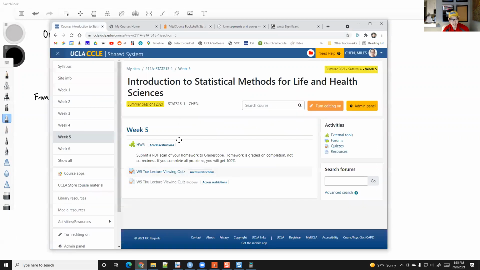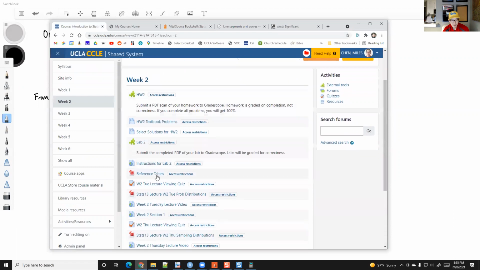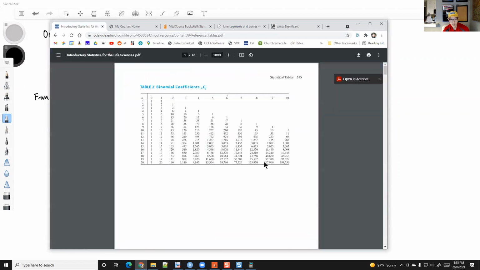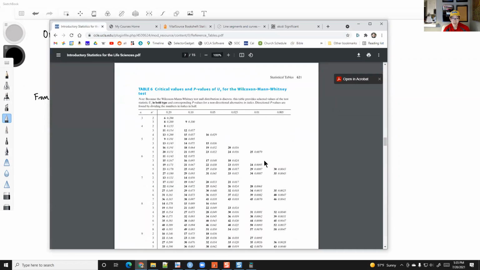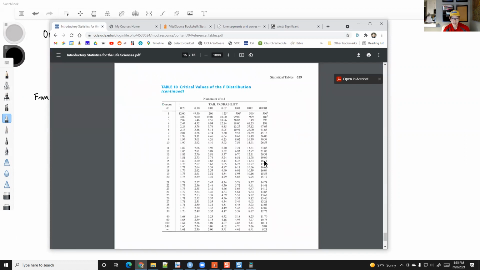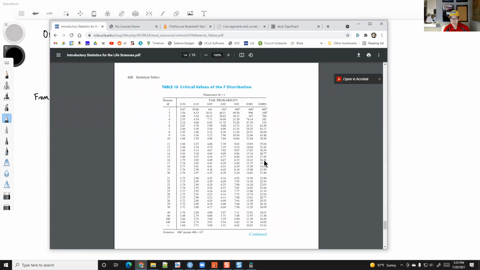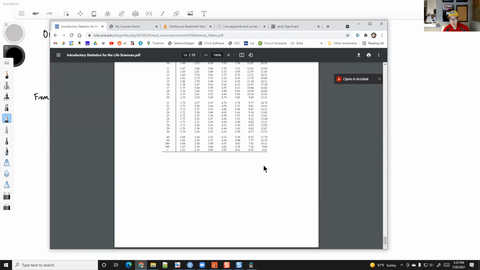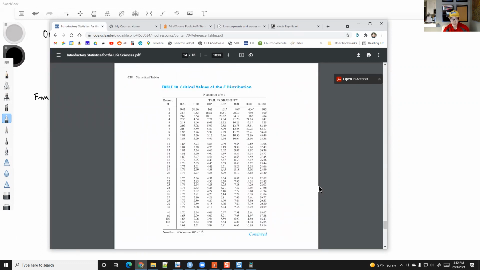I can't remember, did I give you an F table? Reference tables, do you guys have an F table? Oh, you do. Critical values of the F distribution. I only gave you the first 2 pages. Okay, that's all right.